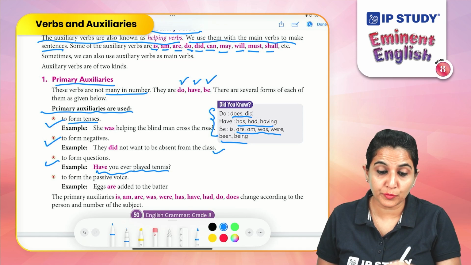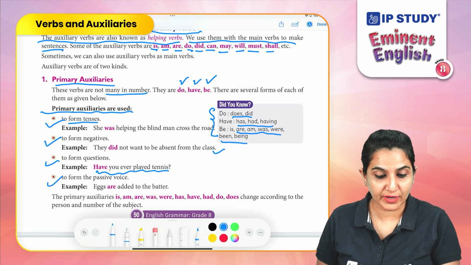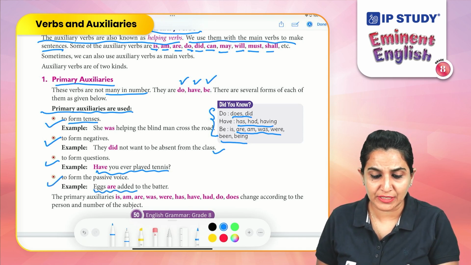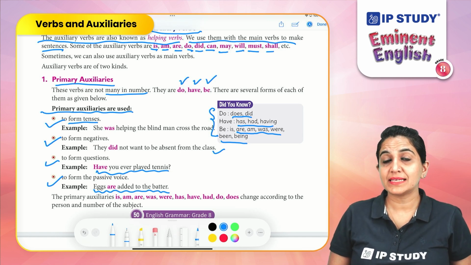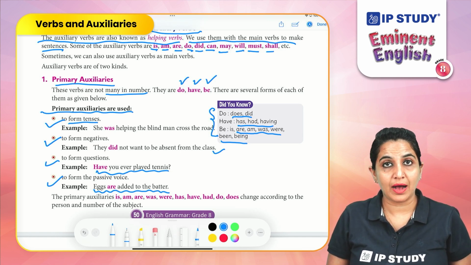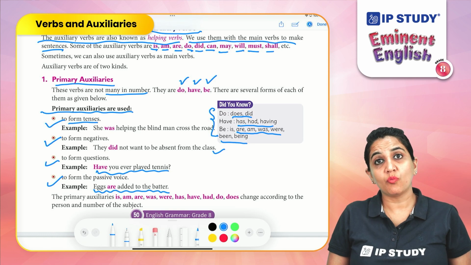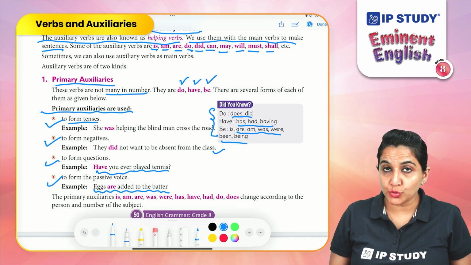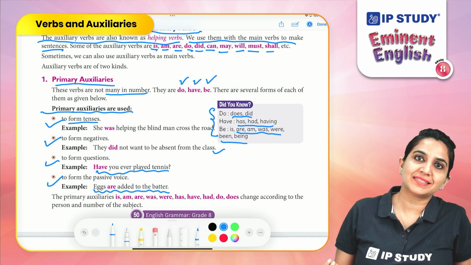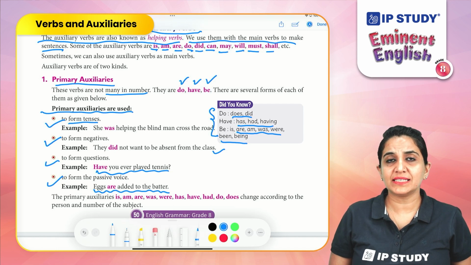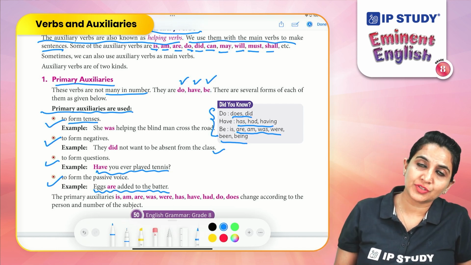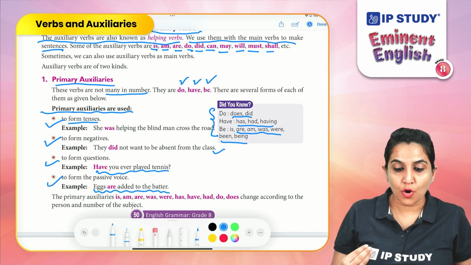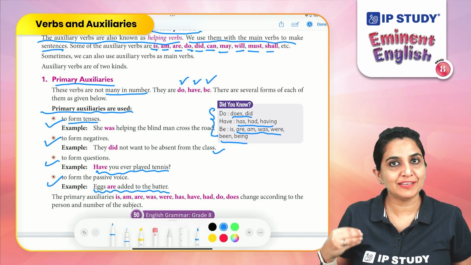They help to form the passive voice. For example, eggs are added to the batter. So, the primary auxiliaries such as is, am, are, has, have, was, were, do, does, had, all of these are used to form tenses, questions, negatives, or even the passive voice.